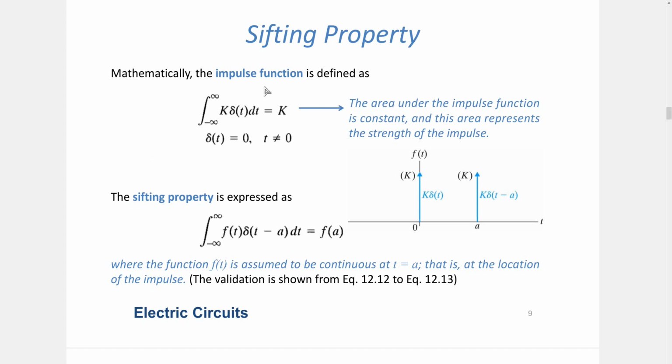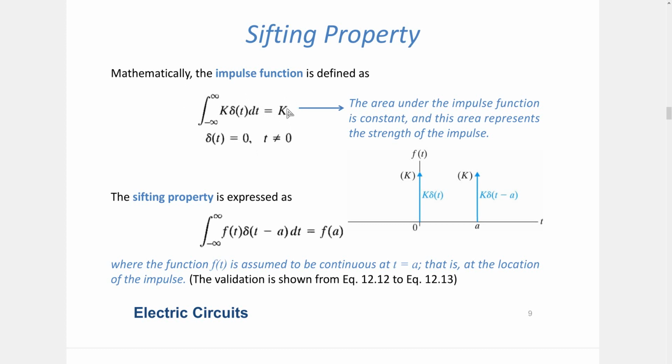We know that the generalized impulse function is defined as an integral from minus infinity to infinity of k times delta t dt. Since the integral defines the area under the curve, we are going to get k times the integral of delta t dt. The integral will yield 1, because it's the unit impulse function.